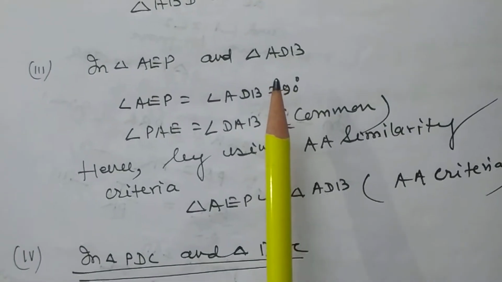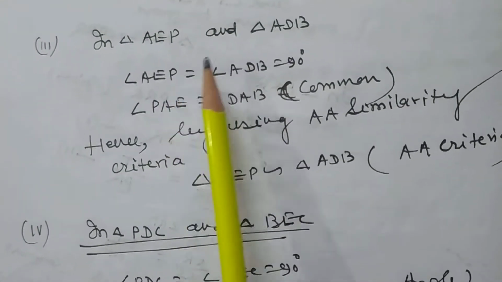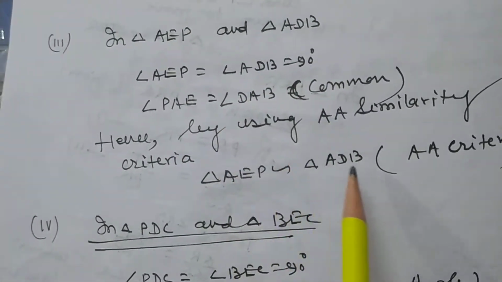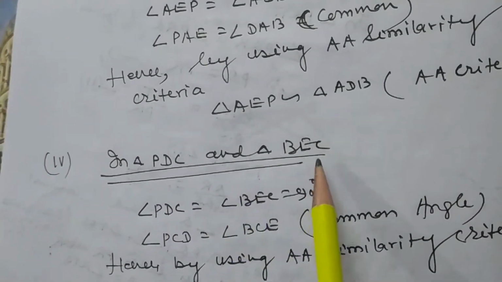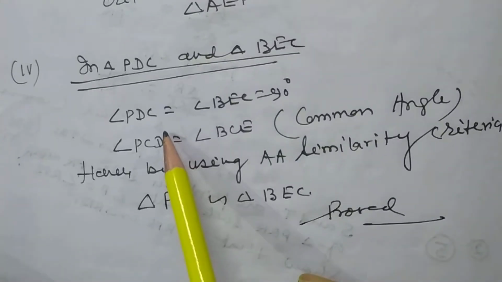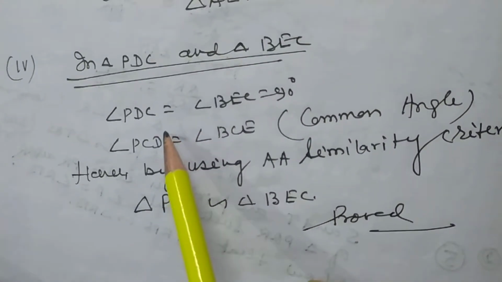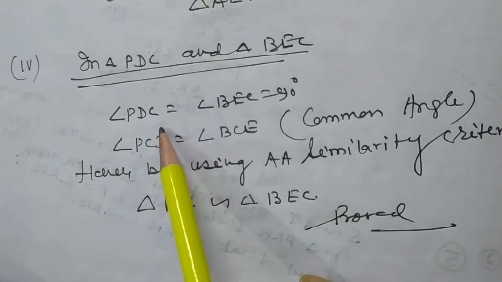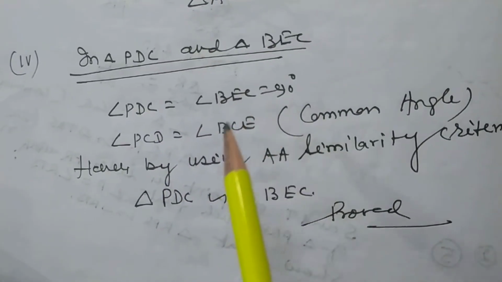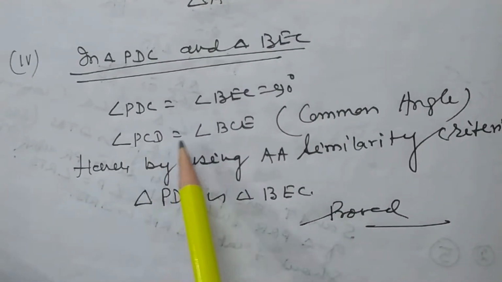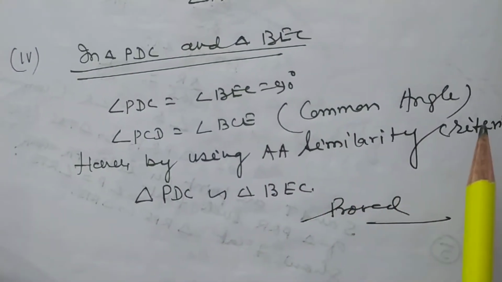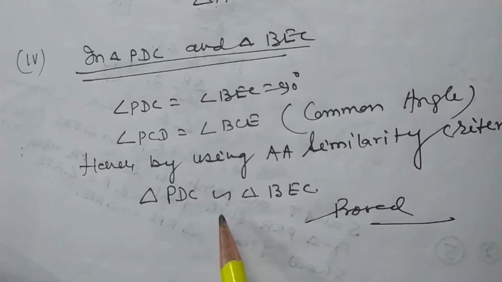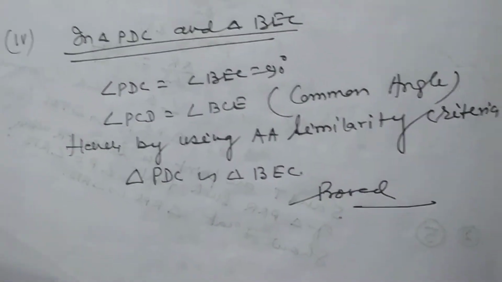So by the similarity condition, here we can see that triangle AEP and triangle ADB both are similar. Lastly, in triangle PDC and BEC, you may solve this problem by, since here angle PDC is equal to angle BEC, 90 degrees, angle PCD is equal to angle BCE, common angle. Hence, by using the similarity criteria, triangle PDC is similar to triangle BEC.